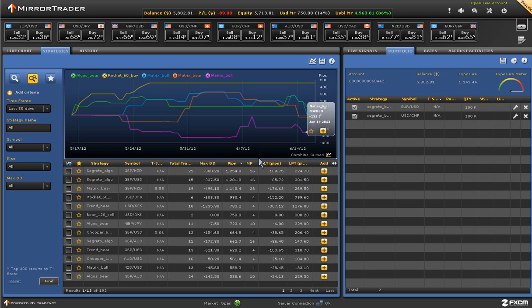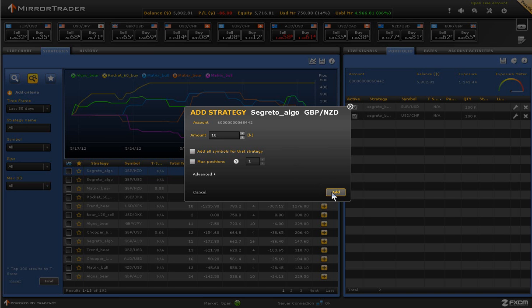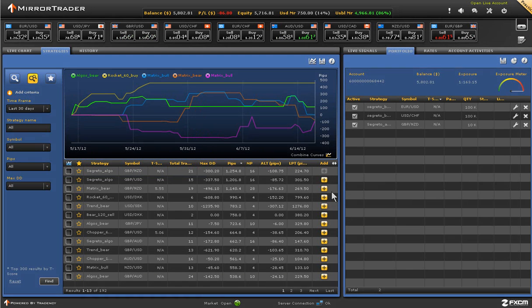Let's go ahead and add it back in, and we'll add a couple of them. Mind you, our used margin is $750. This doesn't change. Used margin will not change until we actually get filled. So we're queuing this up to say the next time it's ready to take a trade, include us.